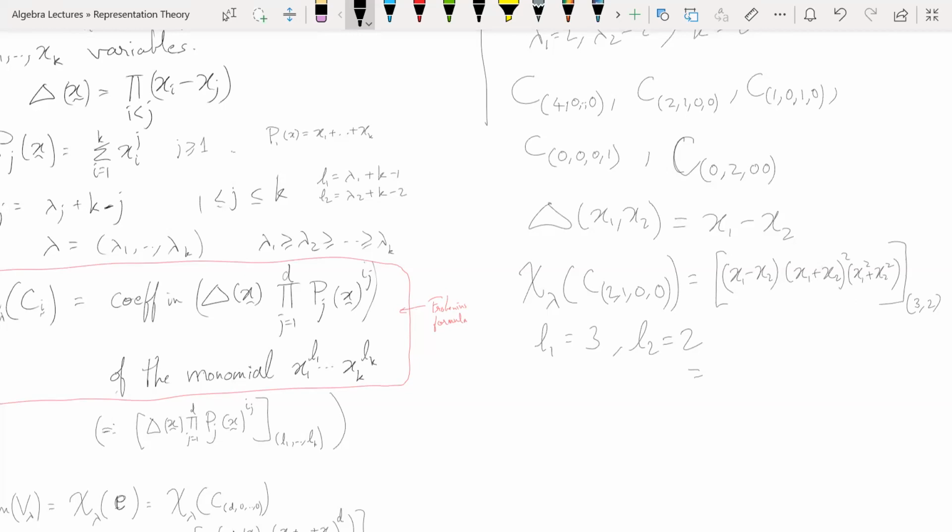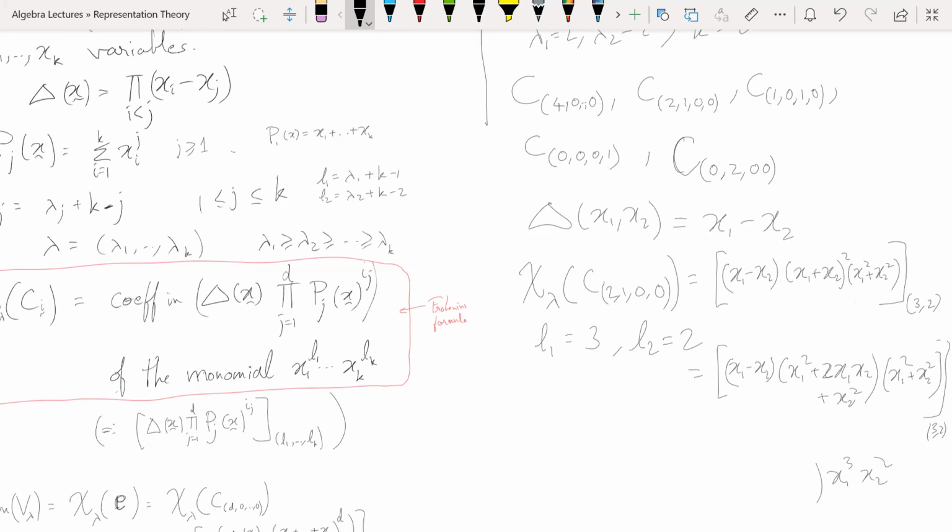No, so let me just expand this a bit. I don't know if there is a shortcut to this thing. x1 minus x2, times x1 square plus 2 x1 x2 plus x2 square, times x1 square plus x2 square. And we want the coefficient of x1 cube x2 square.